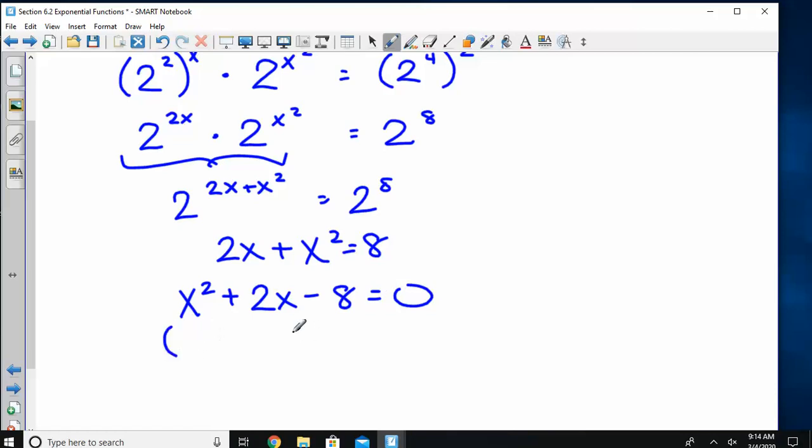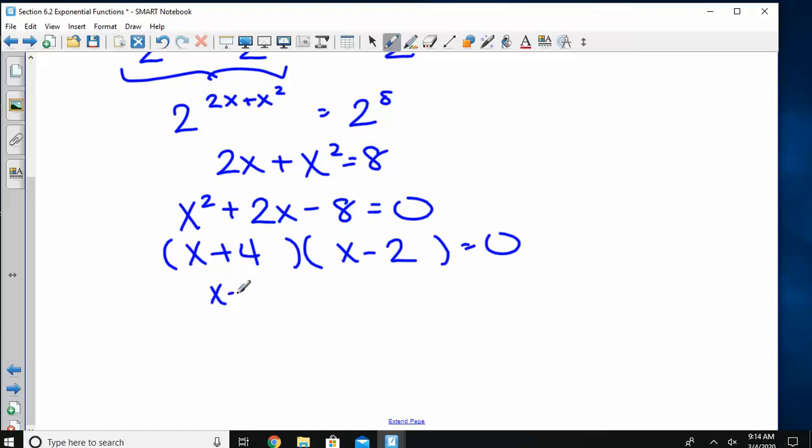Then we can factor. Okay, if we set each of those to 0, we get -4 and +2.